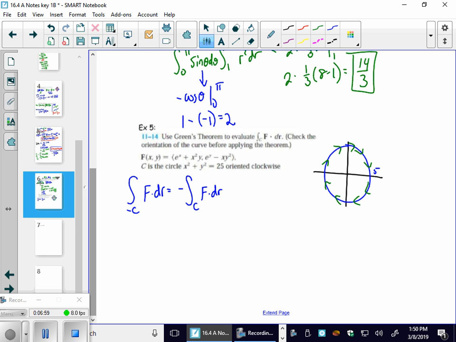So our double integral here is definitely 0 to 2 pi. That's in the correct direction. R is going to go from 0 to 5.